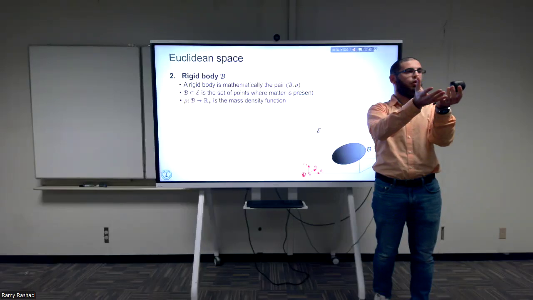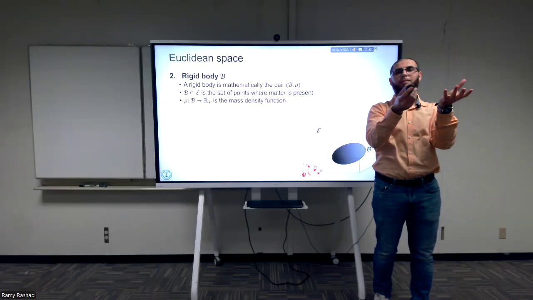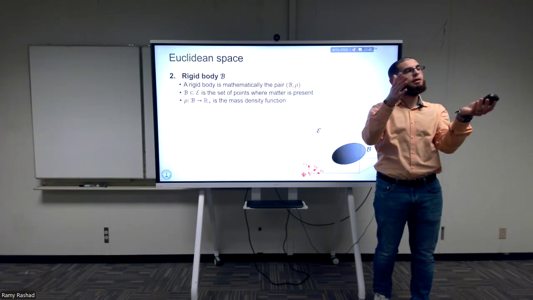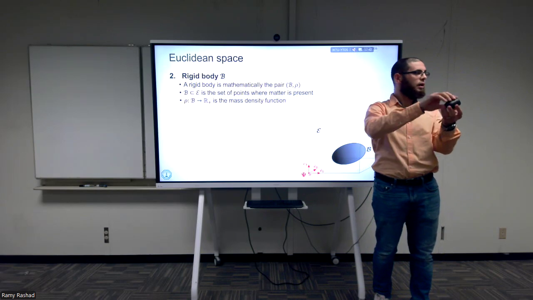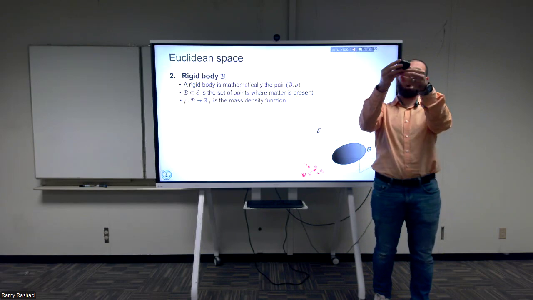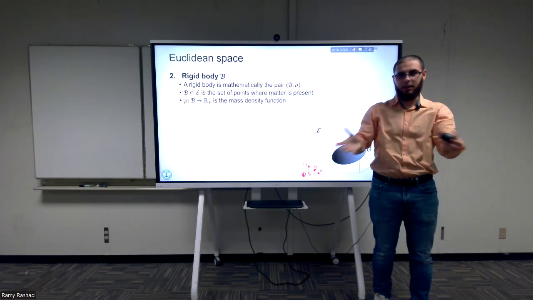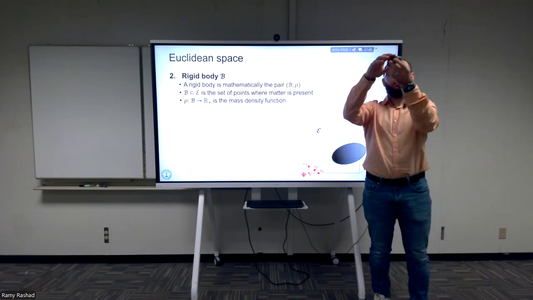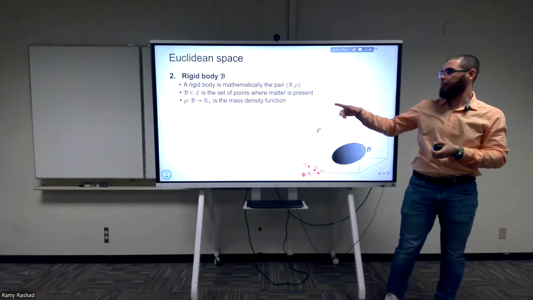Now if I give you all of the points on the rigid body, you can have this notion of mass density. Of course, the most basic idea is to think of the mass density function as constant, and then this rigid body has one mass in the end. And this mass represents the integration of this constant function over all points here. So this is just an abstract notion, but this will be very helpful.